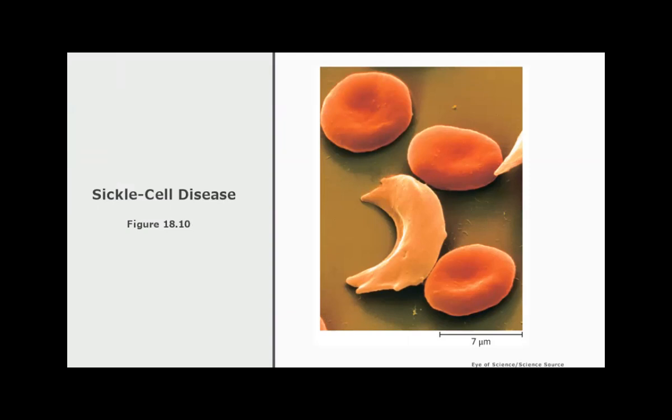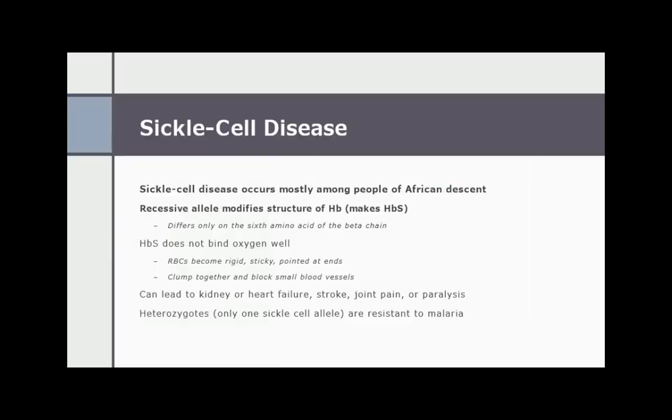Okay, sickle cell disease. We're going over this super quick. Sickle cell disease is one of those genetic disorders. Mostly from African descent. It's a recessive allele that changes the hemoglobin structure so that hemoglobin doesn't bind well to the oxygen.